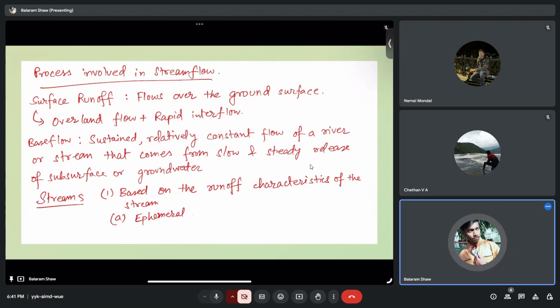What is an ephemeral river? Any guesses? You should know this, right? And perennial rivers. So we know that ephemeral streams are the streams which are highly variable.